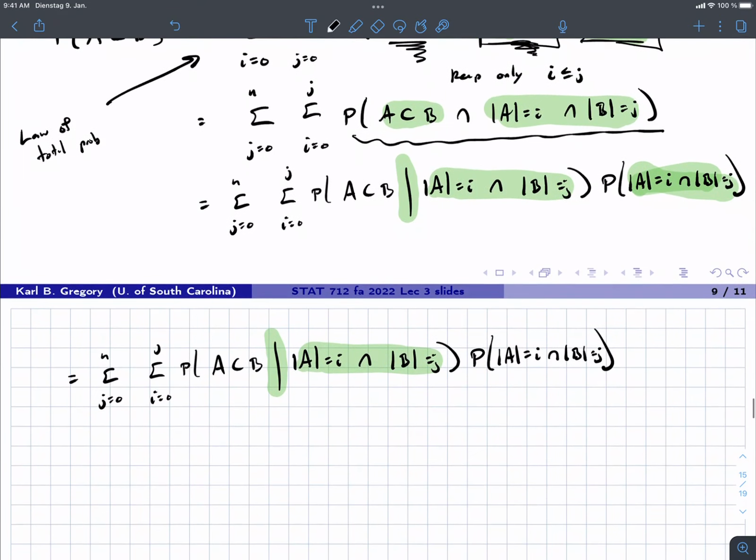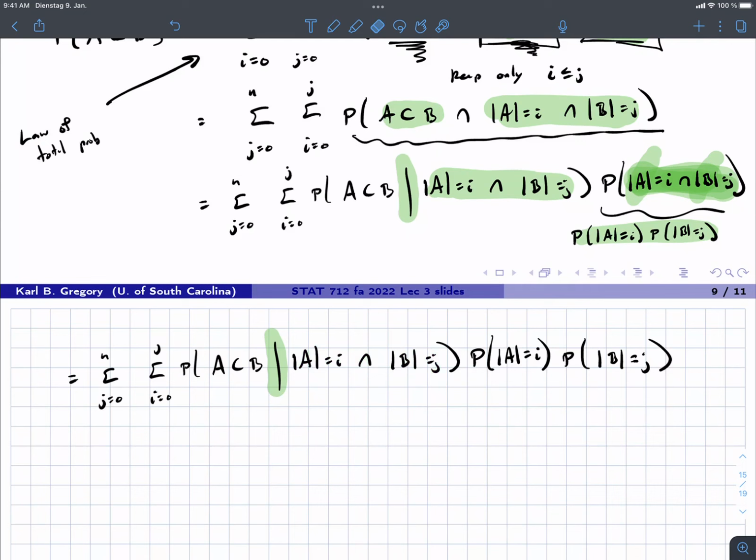So I independently grab a subset for A and B. So this one I can write as the probability A has cardinality I times the probability B has cardinality J, because this intersection probability, since A and B are independent, can be written as the product of probabilities. Sorry, A has cardinality I, B has cardinality J.